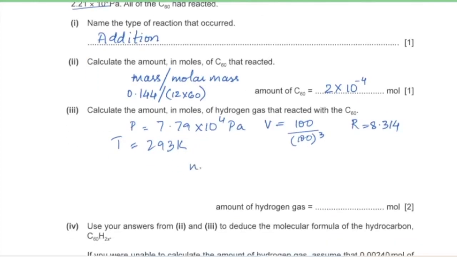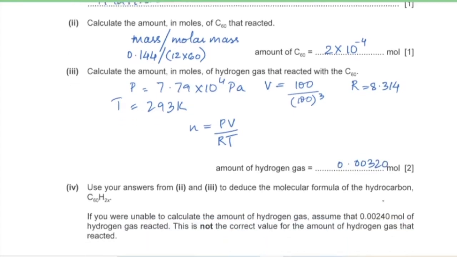Now, by using the formula n equals PV divided by RT, we are going to have 0.00320 moles of hydrogen gas that reacted with 2 into 10 to the power of negative 4 moles of C60.